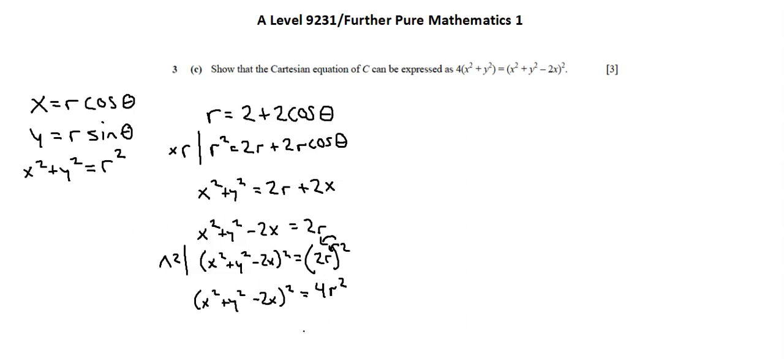And now I'm going to replace the r squared with x squared plus y squared. And I'll switch the sides to put it in the same order as the requirements. 4 times x squared plus y squared equals x squared plus y squared minus 2x squared. This completes the requirements for part C, which completes the requirements for question 3.